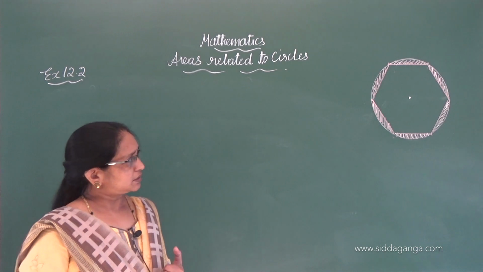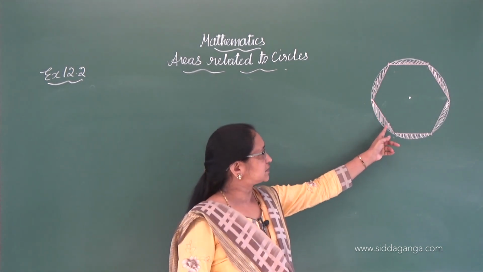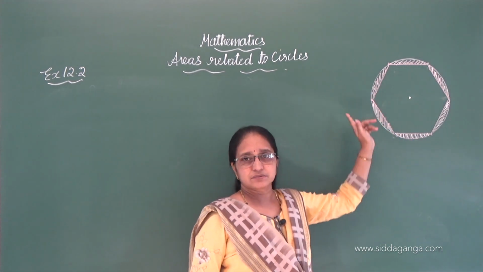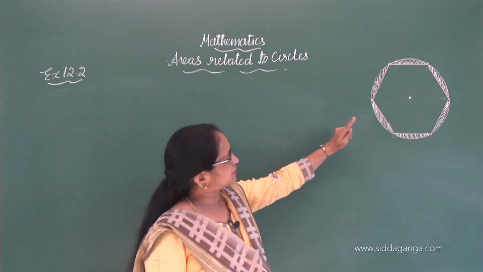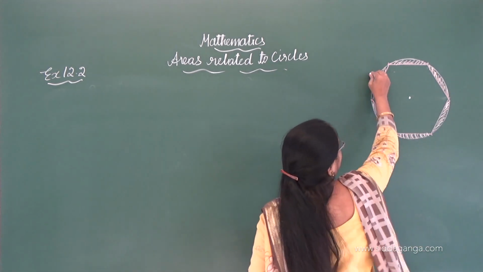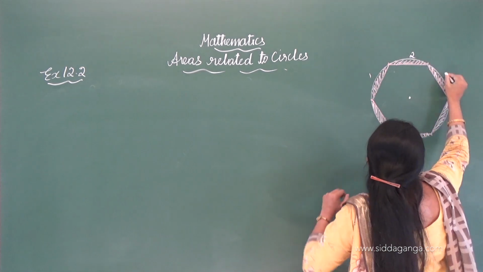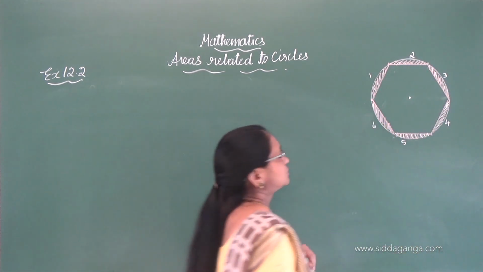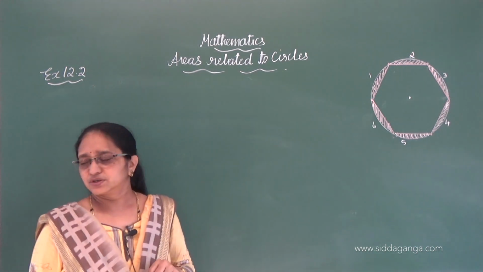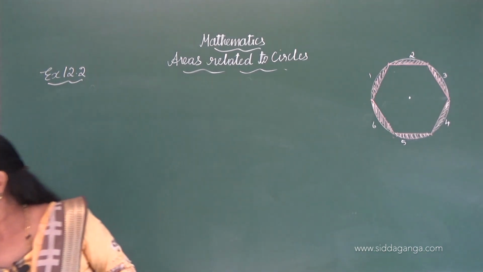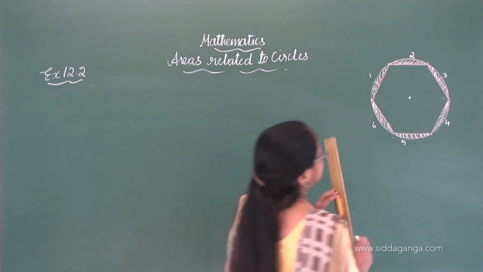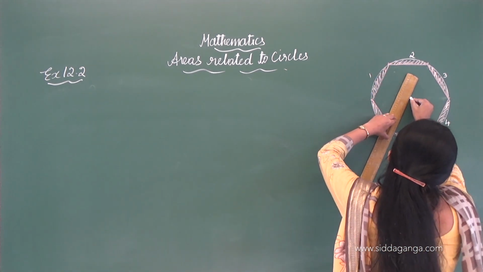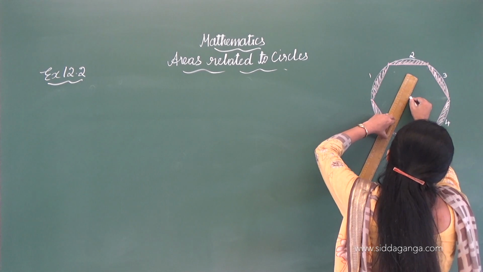One is you have to find out the area of this design, but you should note there are 6 designs here: 1, 2, 3, 4, 5, 6. Okay, 6 designs. So for this I have to draw the triangle.